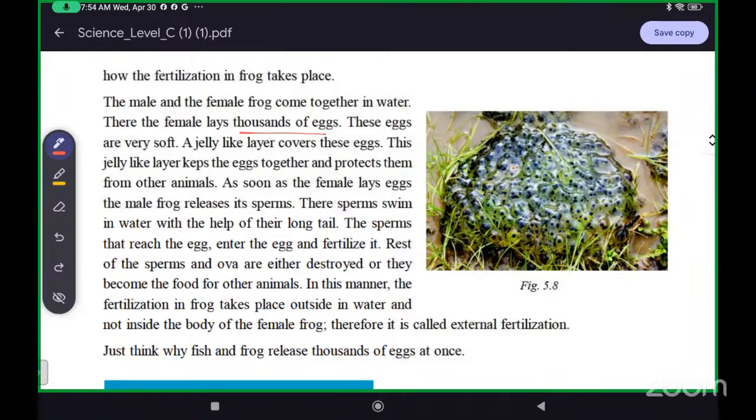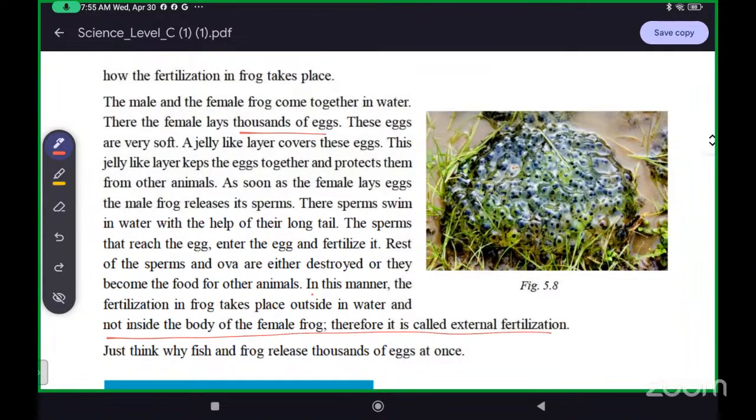The sperms swim in water with the help of their long tail. The sperms that reach the egg enter the egg and fertilize it. Rest of the sperms and ova are either destroyed or they become food for other animals. In this manner, the fertilization in frog takes place outside in water, and not inside the body of the female frog. Therefore, it is called external fertilization.